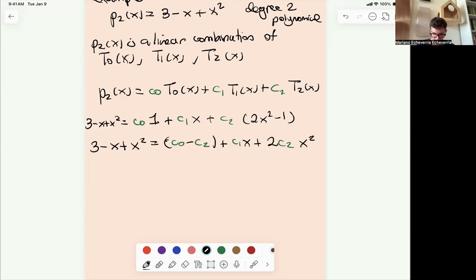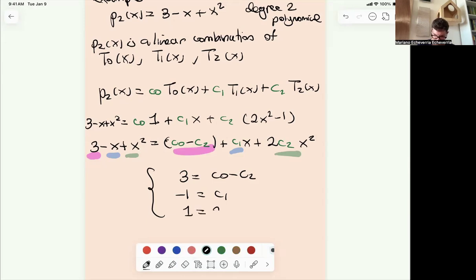If you equate the first coefficients, that gives you 3 equals C0 minus C2. If you equate the second coefficients, -1 equals C1. And if you equate the last coefficients, 1 equals 2C2.